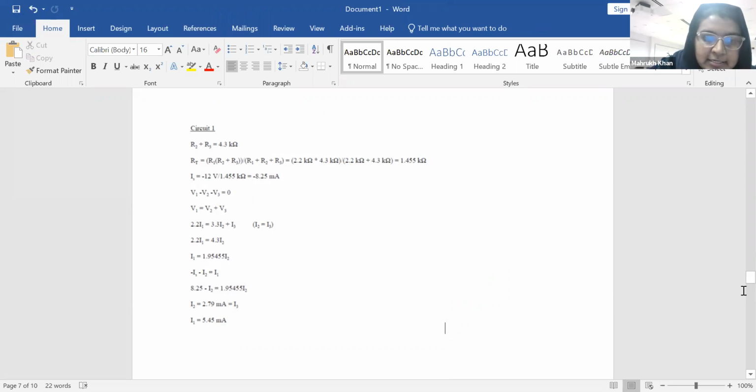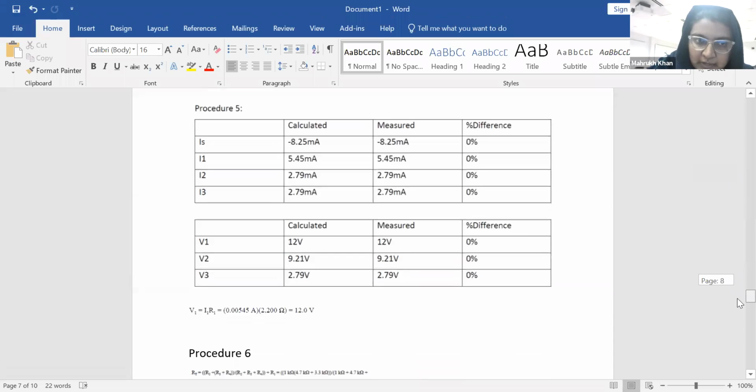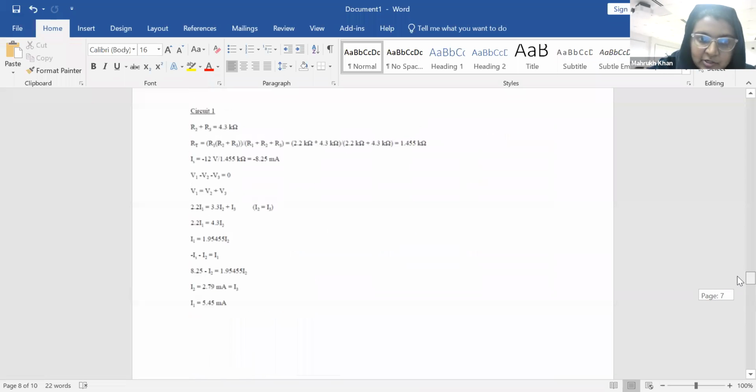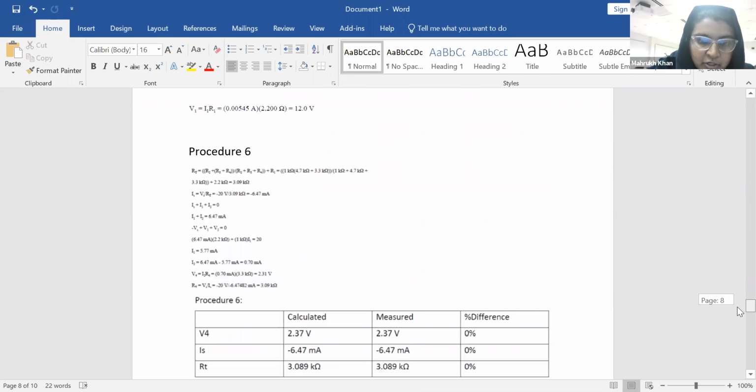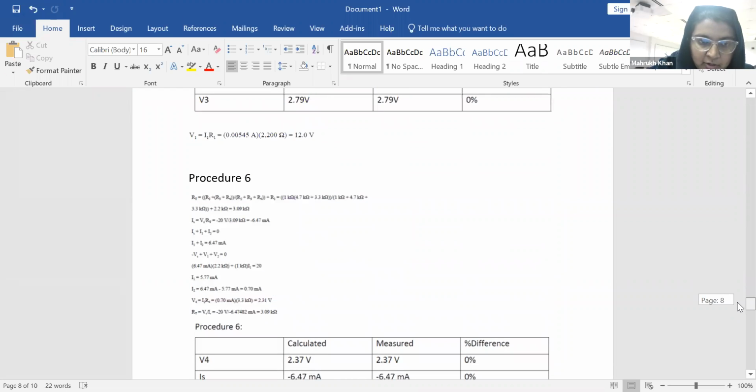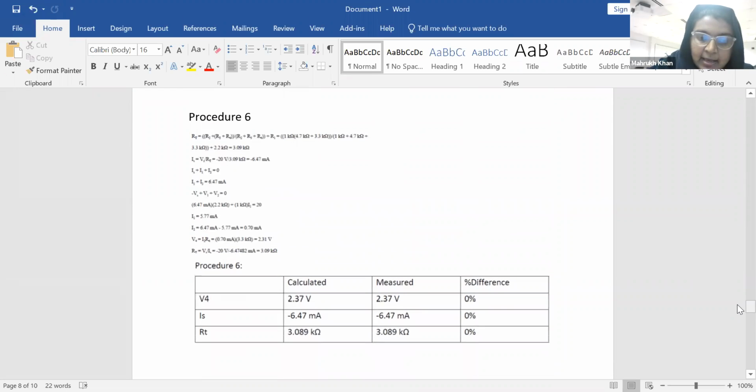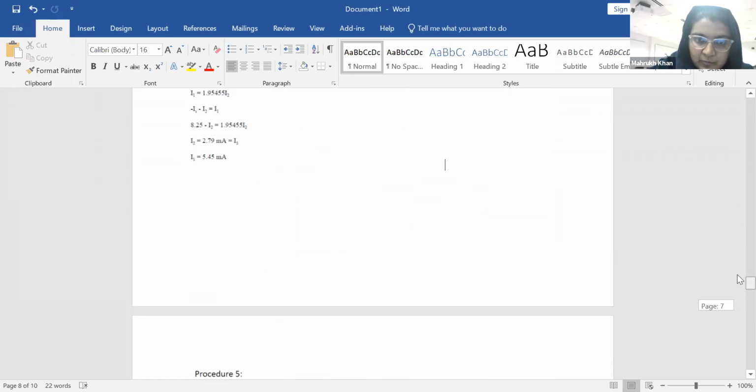And this is a good table in which you are showing the calculated values and the simulated values you're getting. What I was expecting you to show is your calculations and your simulations both. And similarly here, you were also showing your calculations for procedure 6 and how you are getting your simulated value.